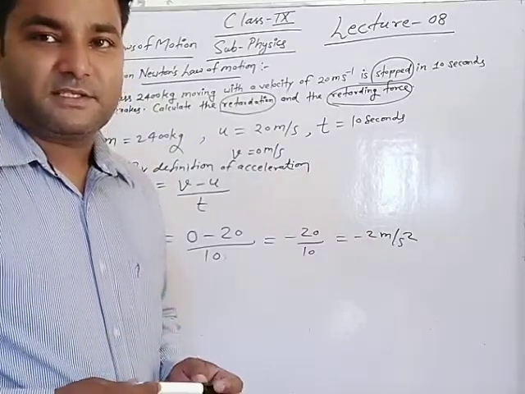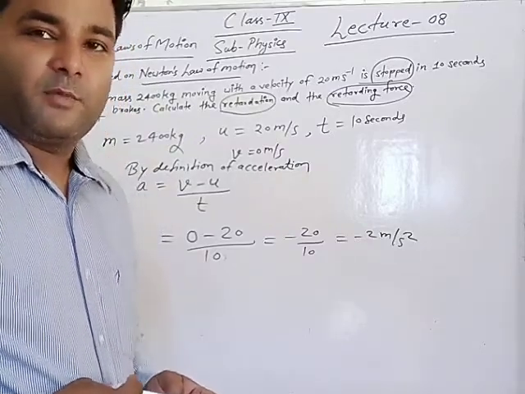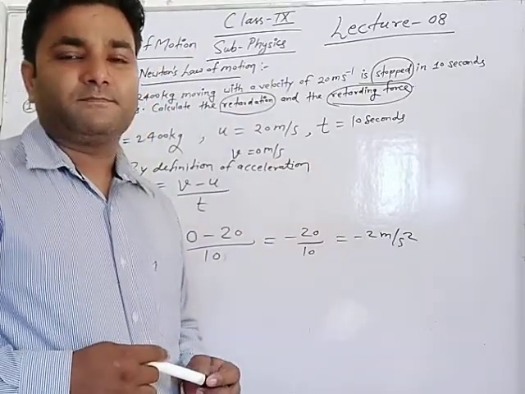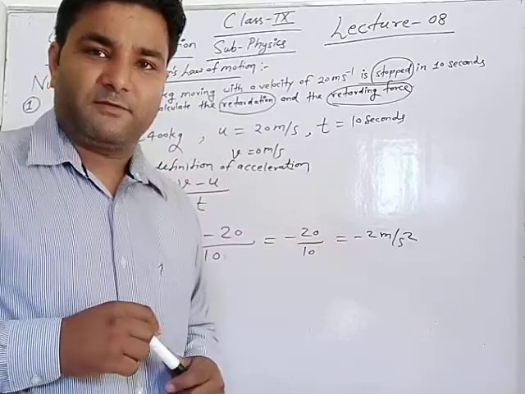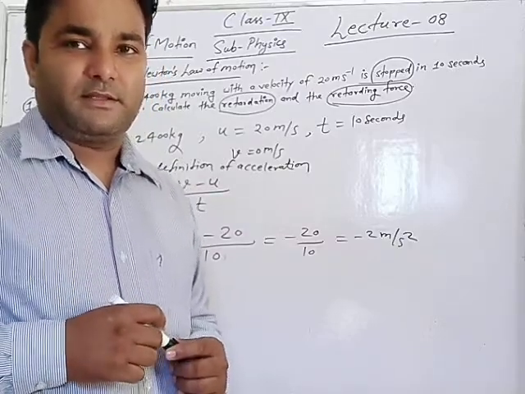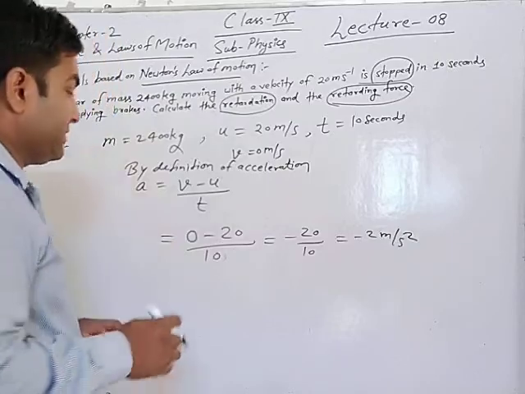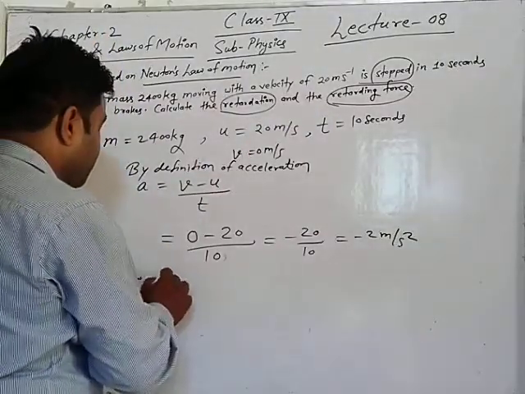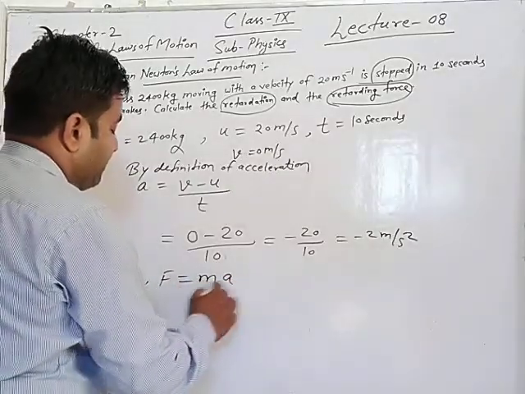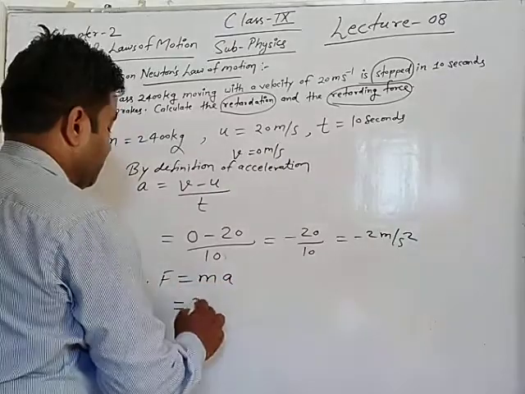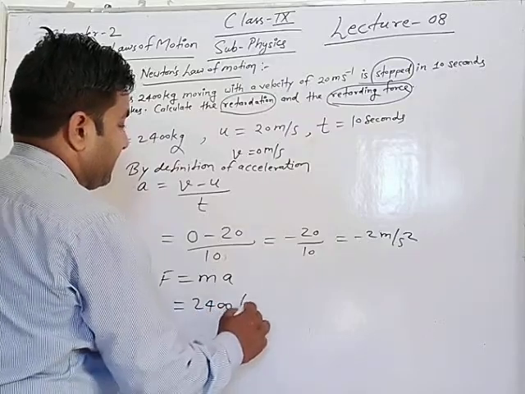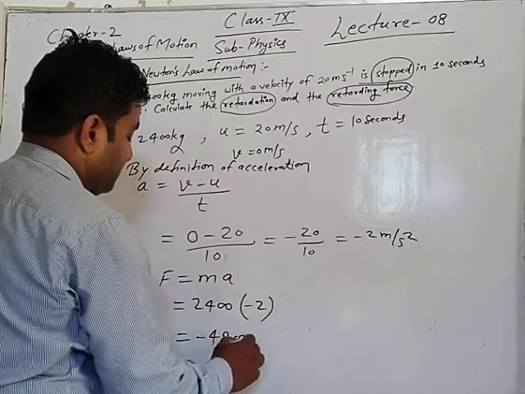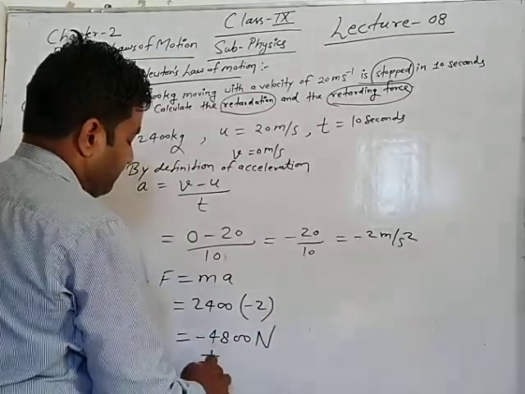And when we apply this concept after putting the value of momentum, that is p is equal to mv, then we get a particular formula, F is equal to ma, and this formula F is equal to ma is utilized here for calculating retarding force. Now F is equal to ma, m is 2400 and a is minus 2, that is equal to minus 4800 Newton.